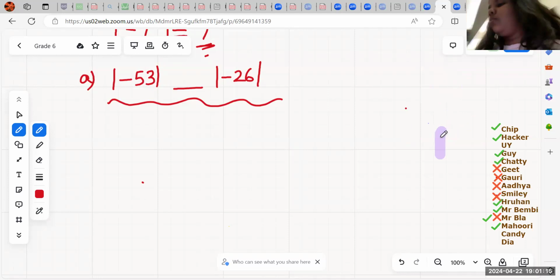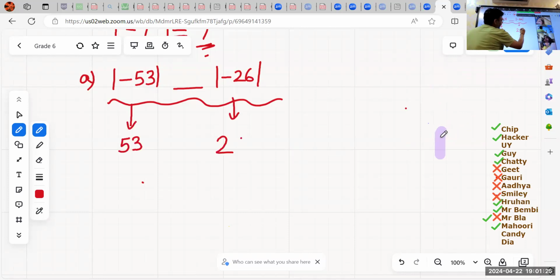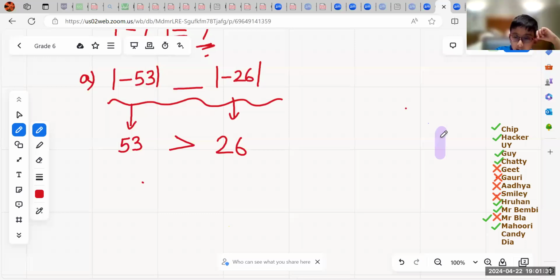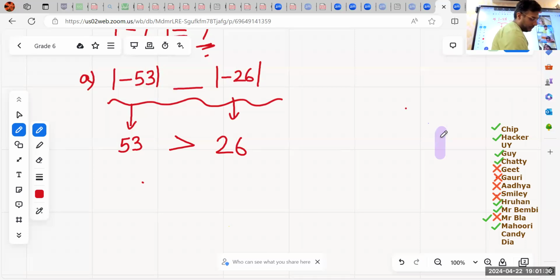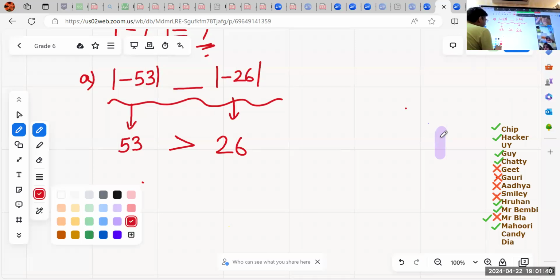All right. So, when I take this out from the brackets, this will become 53. This will become 26. Now, which one is greater? 53 is greater. Understood, Smiley, Gauri, Geet? See, guys, again, I am telling you, these are magical brackets.